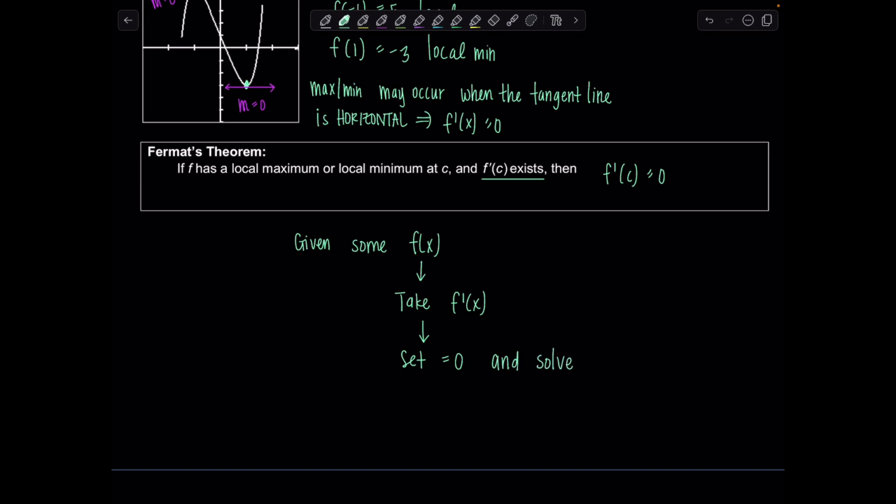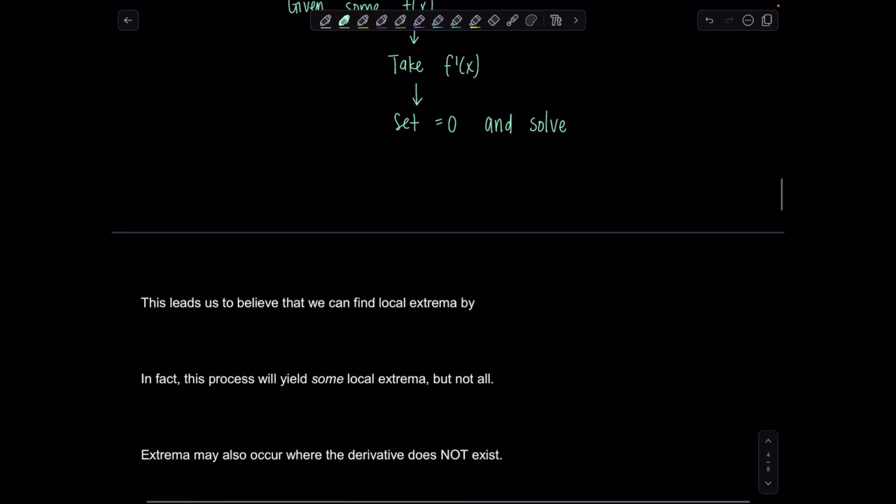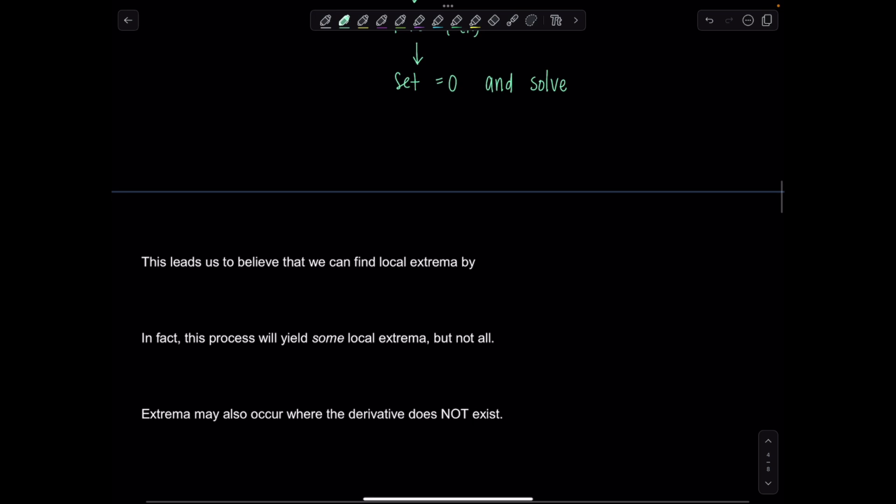And those will give you places where you have potential local extrema. So this leads us to believe we can find local extrema by, as the first part of the process, finding where f prime of c is equal to 0.